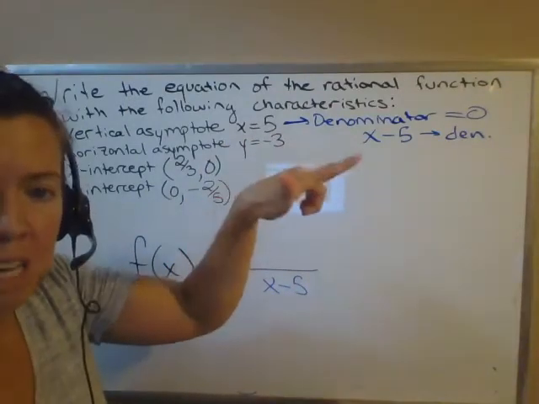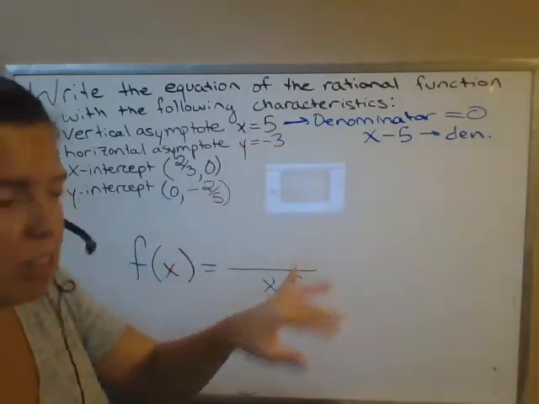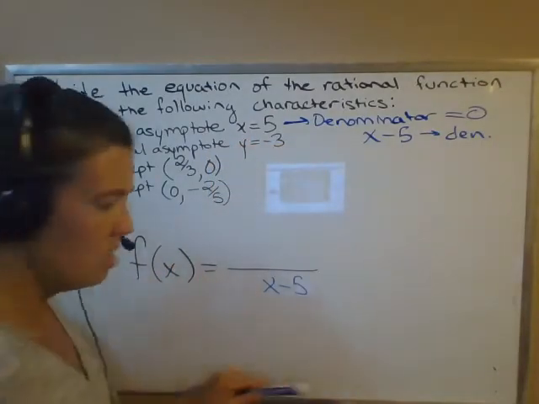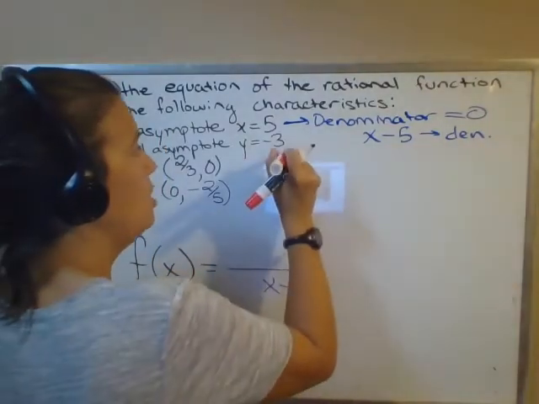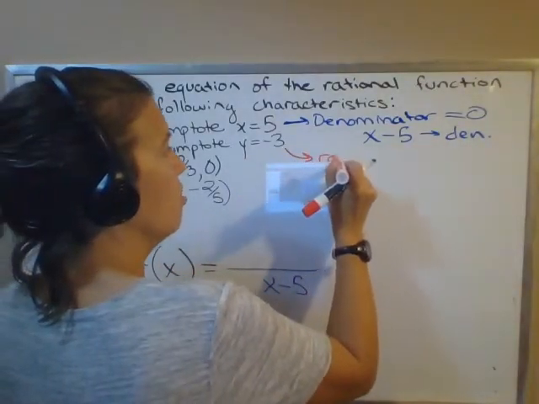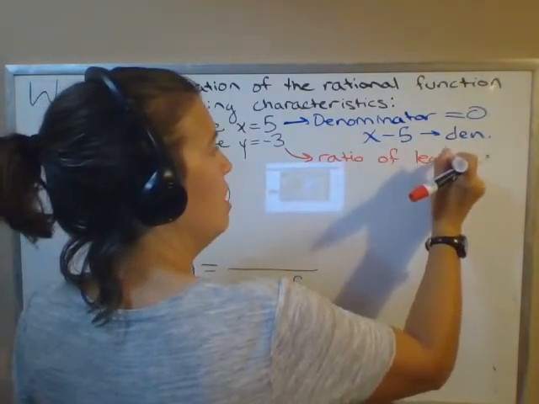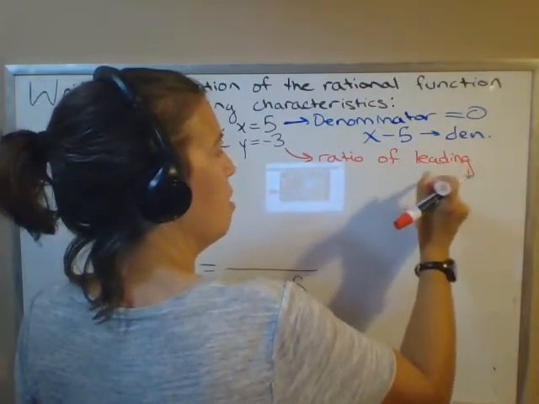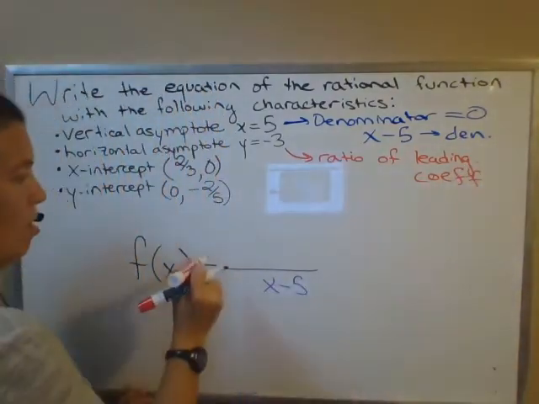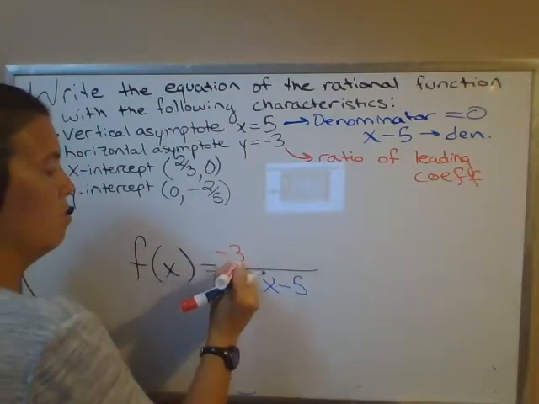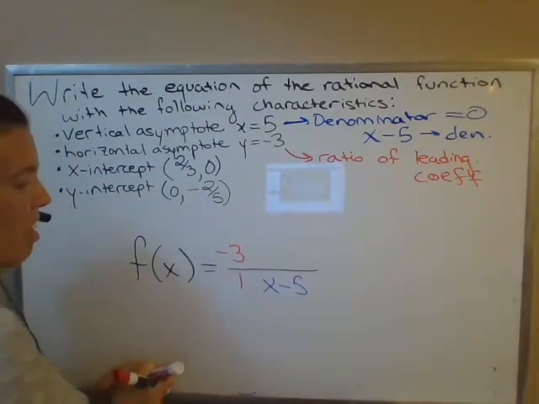When you have the same power on the top and bottom, that's when you get y equals some non-zero number. And the non-zero number comes from the ratio of the leading coefficients. So the ratio of the leading coefficients must be -3. So we could think of that as -3 over 1 for our leading coefficients.